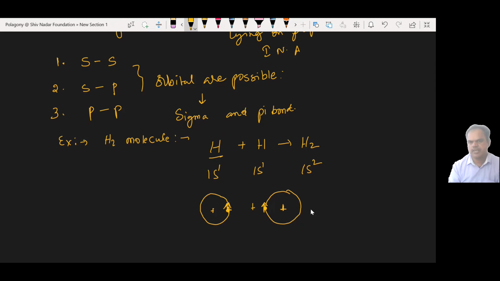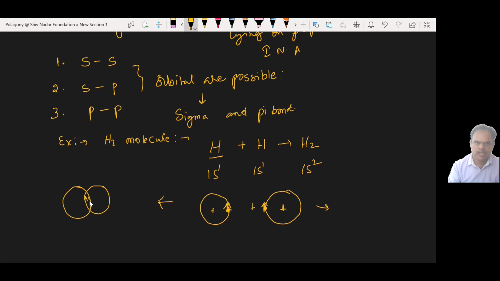Two hydrogen atoms have an unpaired electron each. When they combine, interpenetration of the two s orbitals takes place.